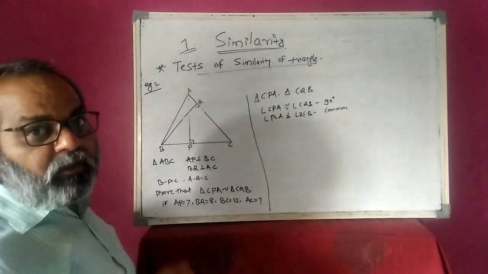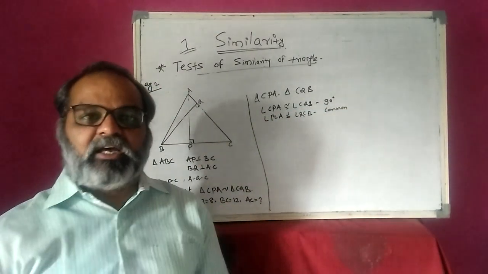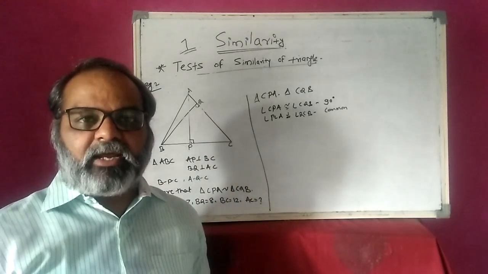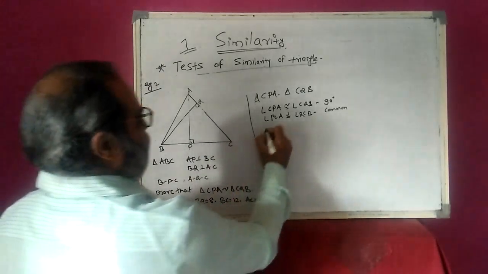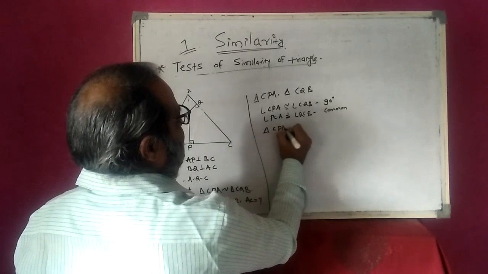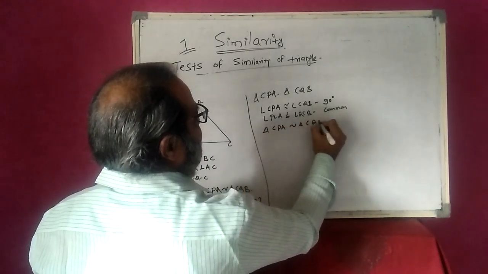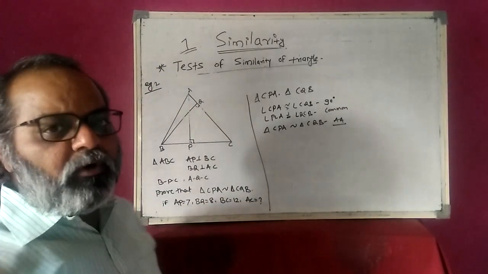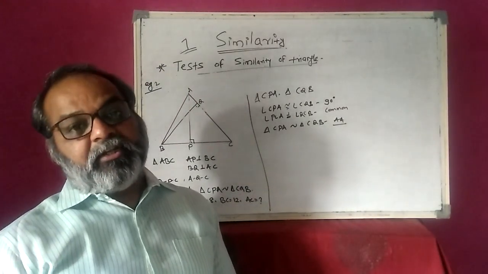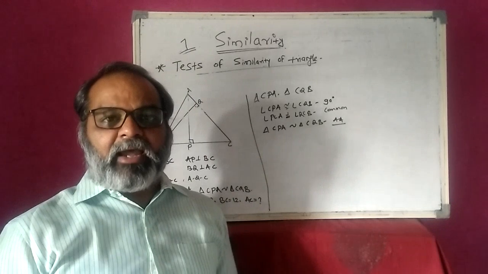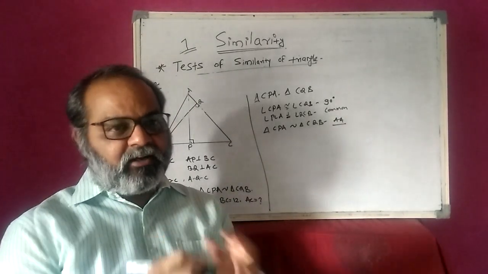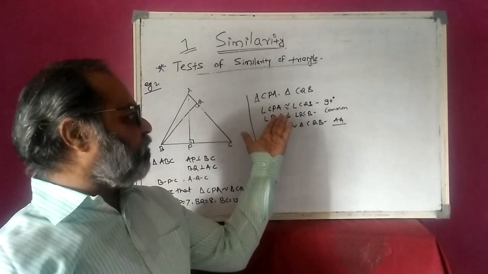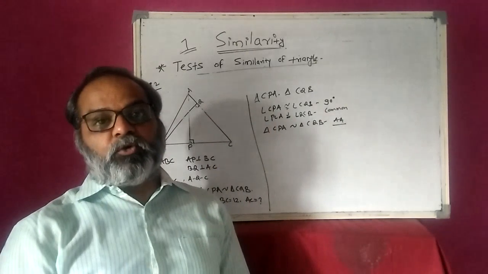And we know that in a triangle, if 2 angles are congruent to each other, then the 2 triangles are similar to each other. So we say that triangle CPA is similar to triangle CQB by AA test. And if triangles are similar by AA test, it means the sides of these triangles are proportional to each other.